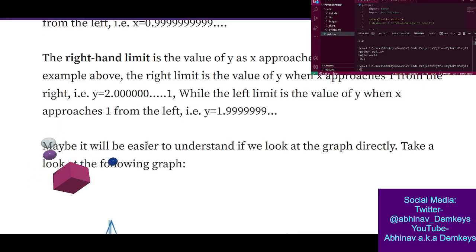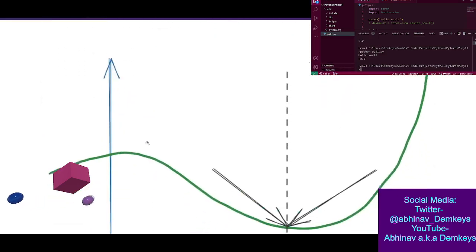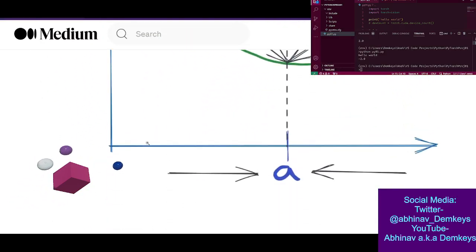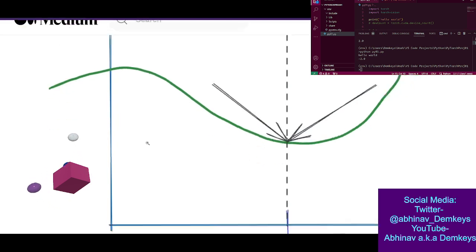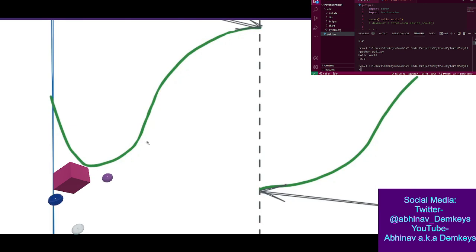Okay. Maybe it'll be easier to understand if we look at the graph directly. Take a look at the following graph. So that is A. Okay.